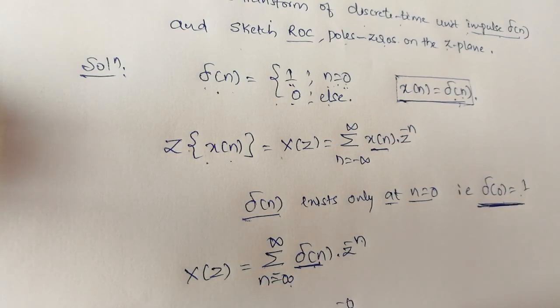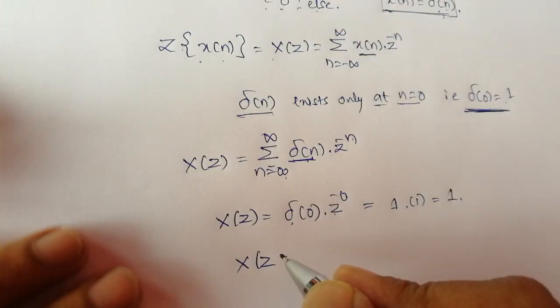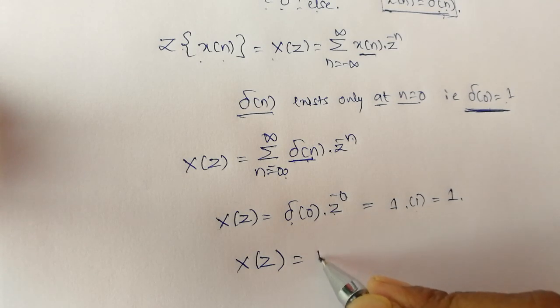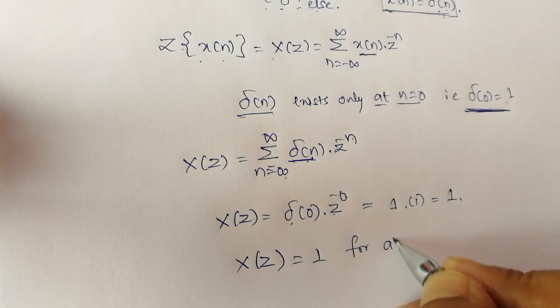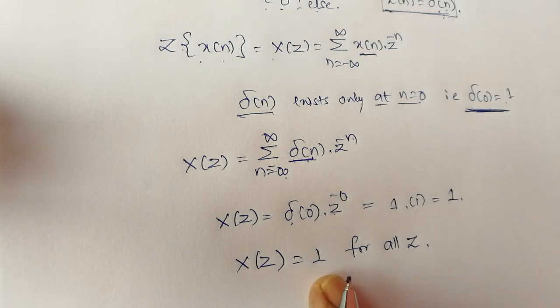Delta of 0 is 1. Anything to the power 0 is 1, so the answer is 1. Hence X of z equal to 1 for all values of z.